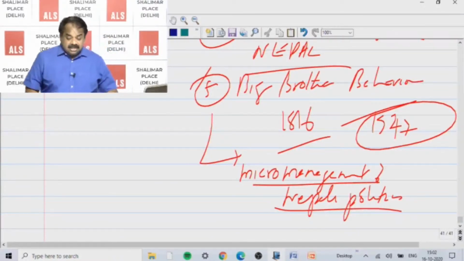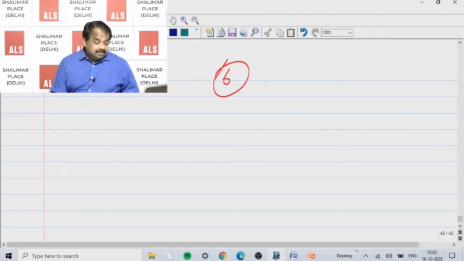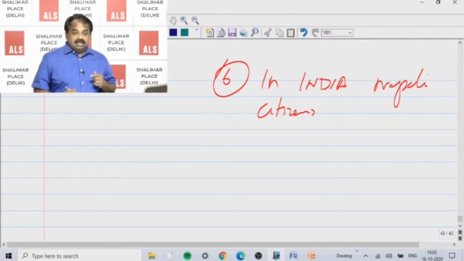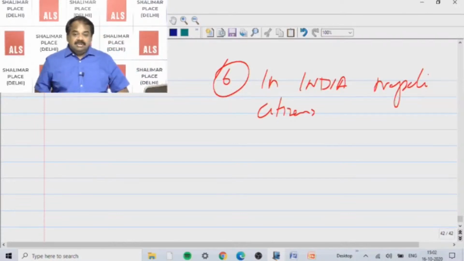And as I told you, another feeling is that Nepali citizens in India are not treated well. They are discriminated against in India, especially in North India. We don't have much respect, even for northeastern people we ask, are you a Nepali? This is our problem.